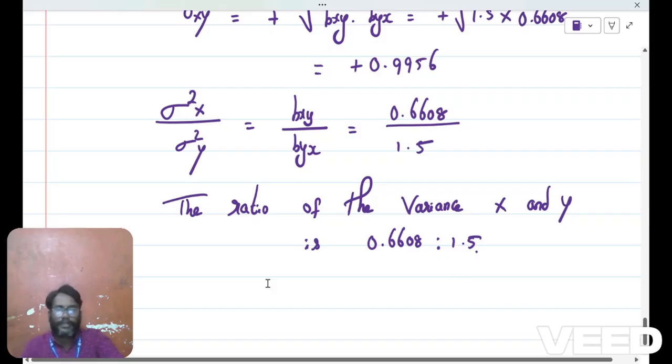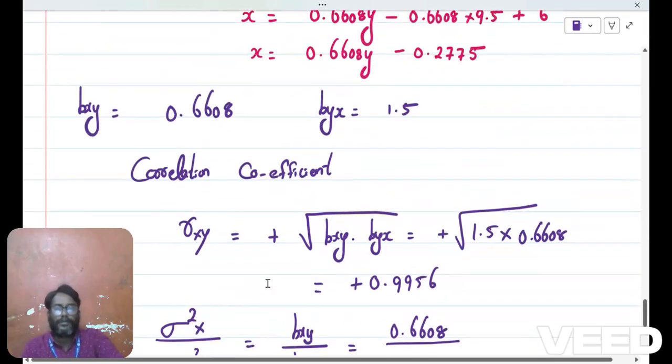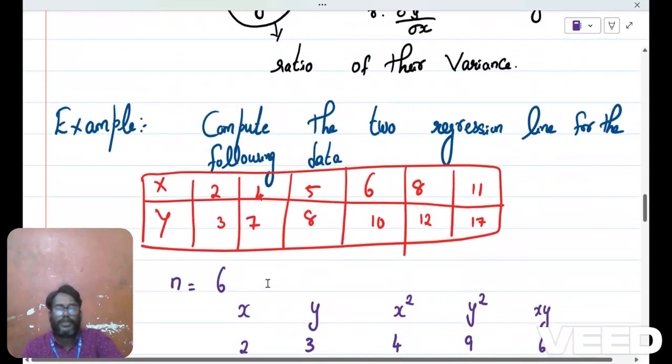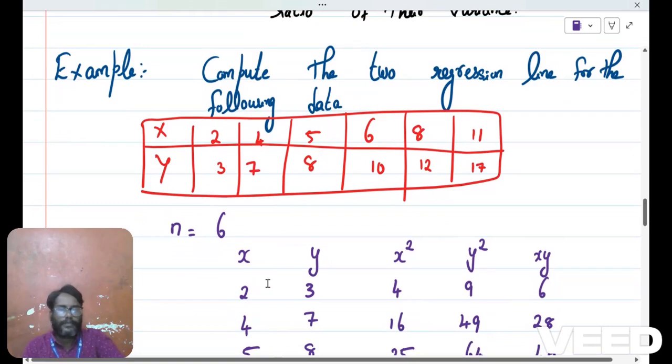Okay. Once again, I will explain the problem. So we'll move on to the question side. The question is to compute the two regression lines for the following data. The x and y values are given: x is 2, 4, 5, 6, 8, 11, and y is 3, 7, 8, 10, 12, and 17.